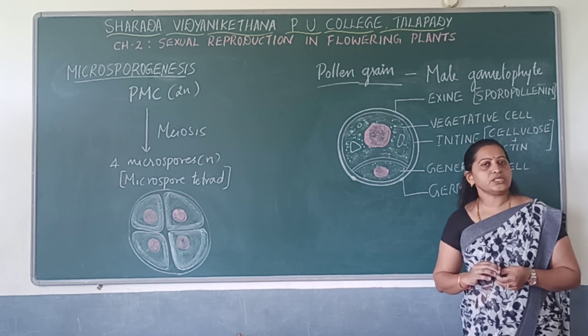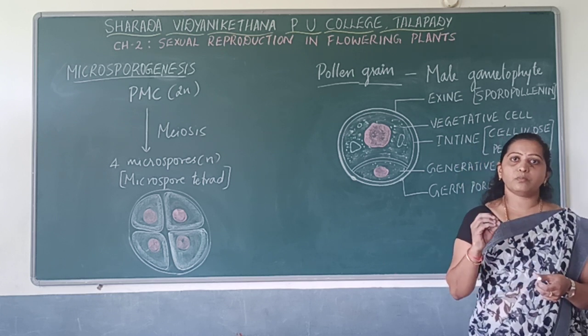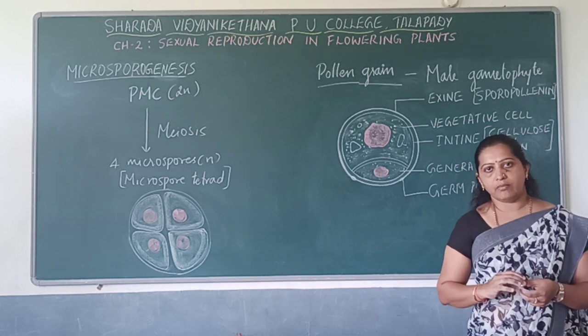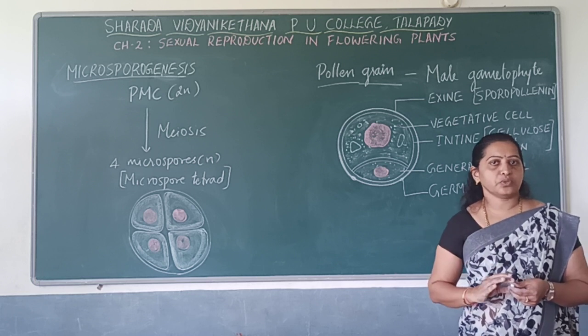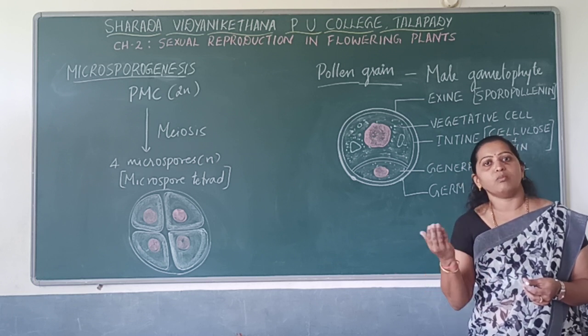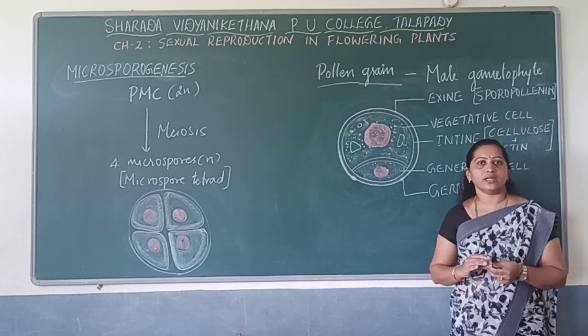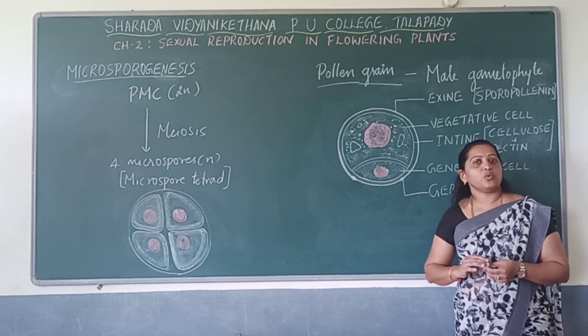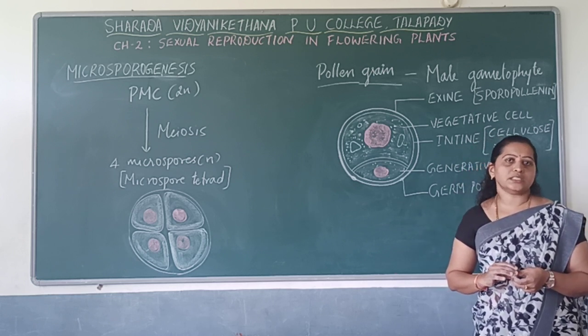But there are certain species of flowers where the pollen grain retains the viability for months together, maybe about a month or more than a month. So this is about the viability of pollen grains.